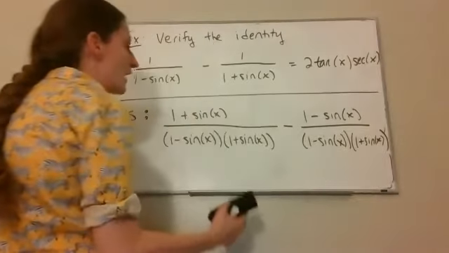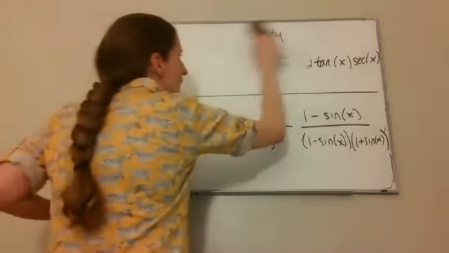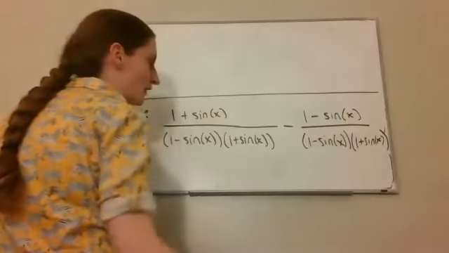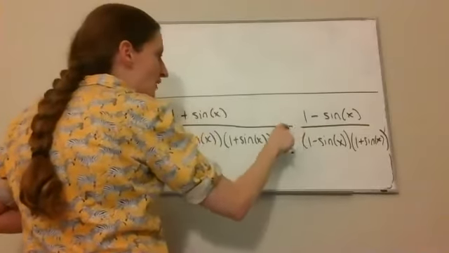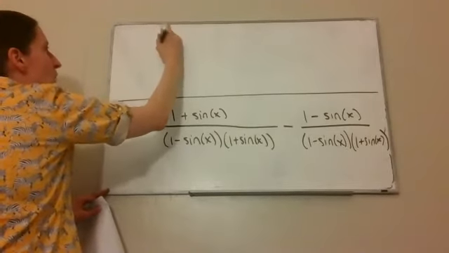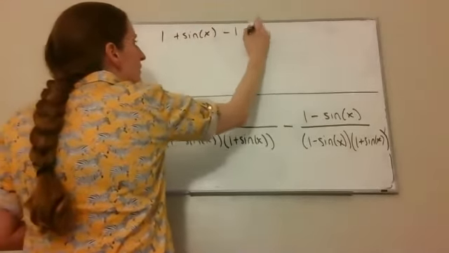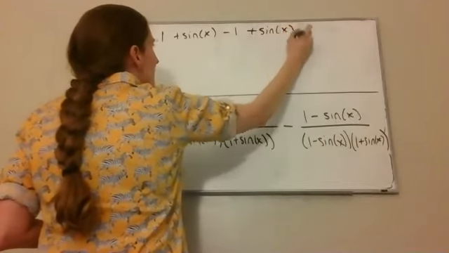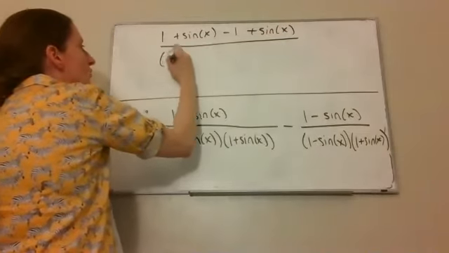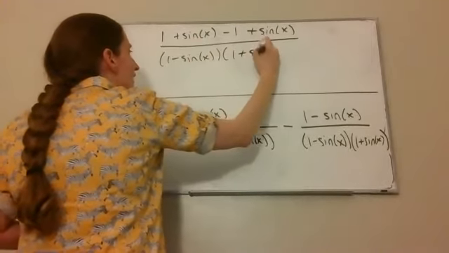Be very careful adding across the top. We have a minus sign in the middle, so you have to make sure you subtract everything in the second fraction. So we're going to have a minus 1 and a plus sine. So I'm going to have 1 plus sine minus 1 plus sine all over 1 minus sine of x times 1 plus sine of x.